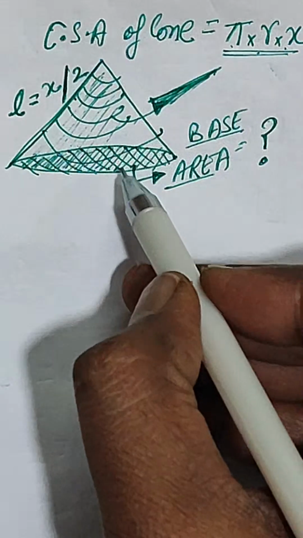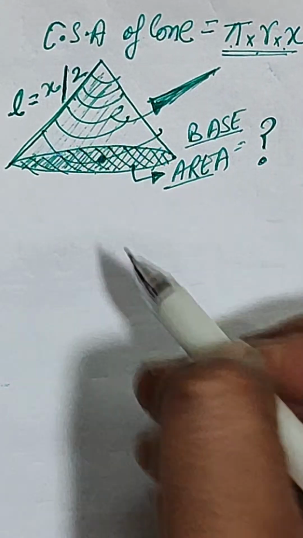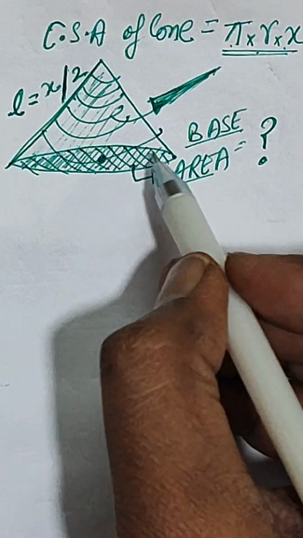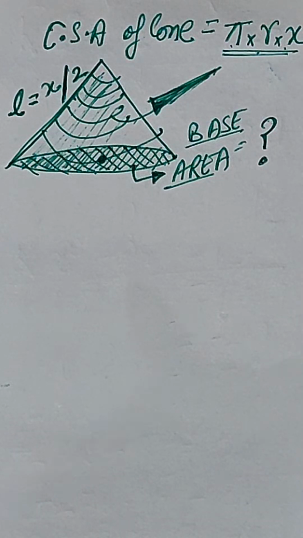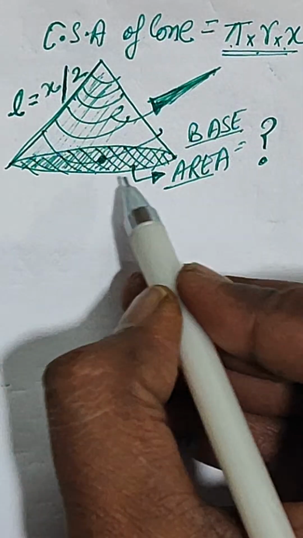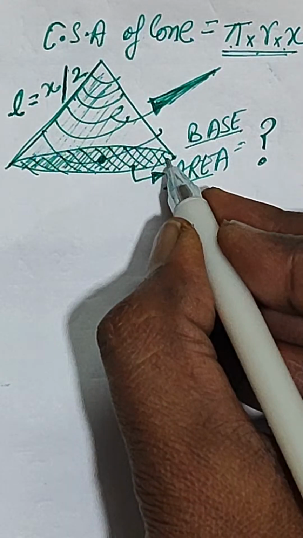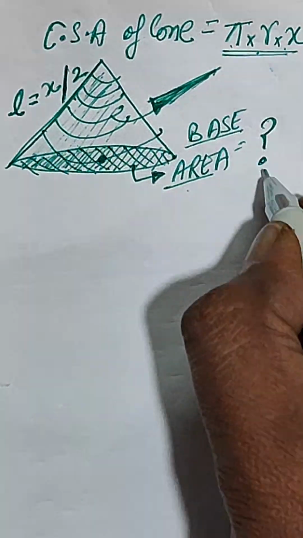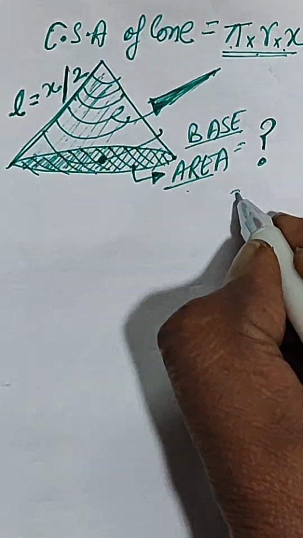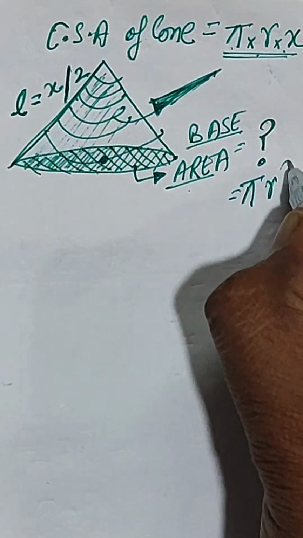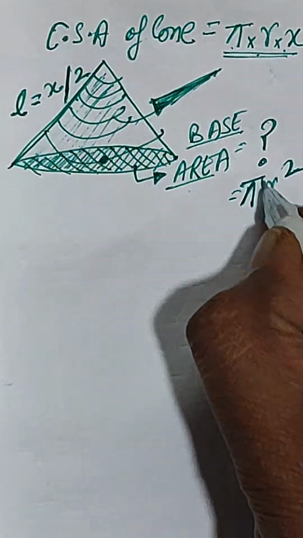Students, if you know the value of r, you can easily calculate the base area, because the base is a circle and the base area is equal to pi r square, isn't it?